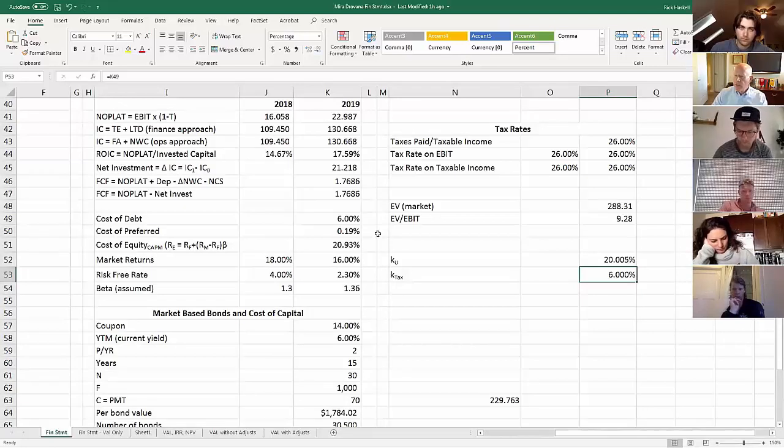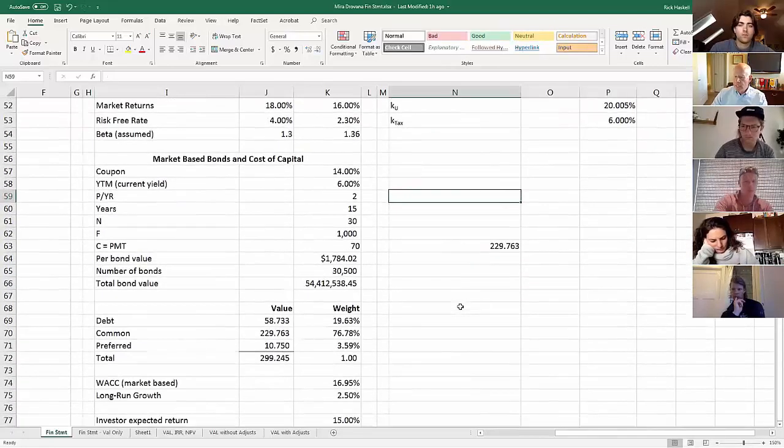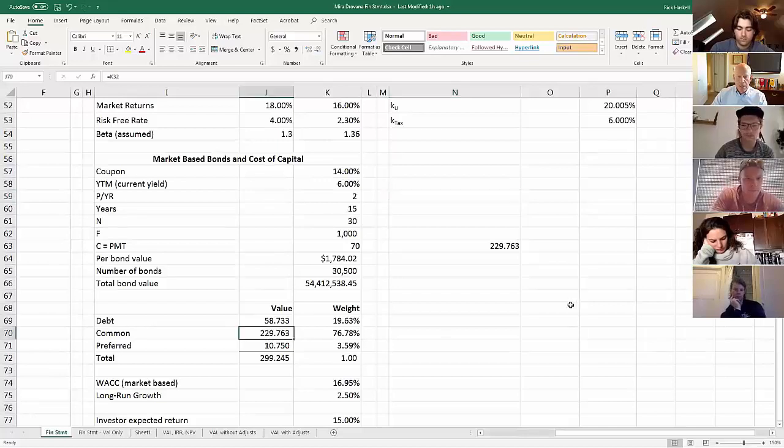So what you're going to see me do is take the value of the common stock and divide it by the value of the common stock plus the value of the preferred stock. Well, the value of the common and preferred together is all of the equity, right? So if I'm taking the common divided by the value of all the equity, I'm getting a percentage of that common as a percentage of the equity, right?